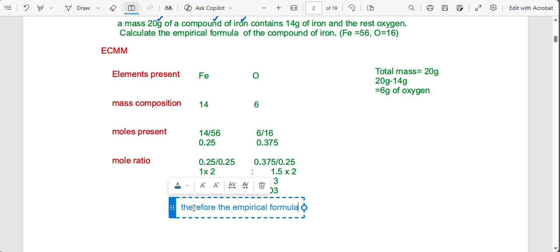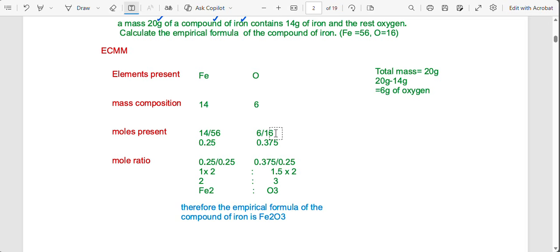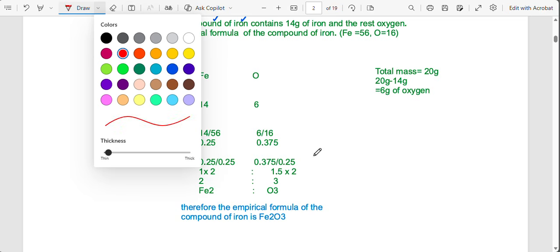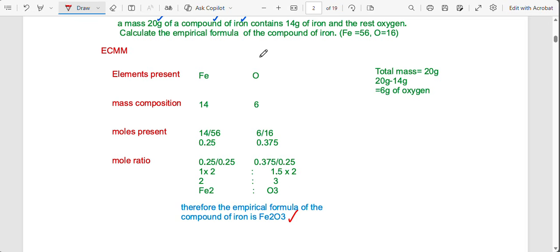You conclude very well. Since it is like that, you come down here and tell the people that are asking you, therefore, the empirical formula of the compound of iron is, you write it, Fe2O3.